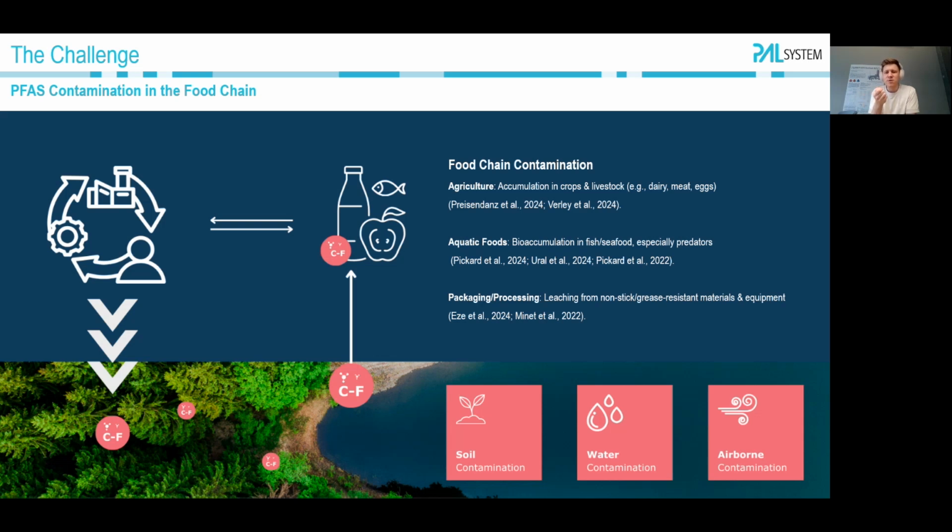Here, the highest concentrations are found in top predators due to their bioaccumulating characteristics. And let's not forget direct contact, so leaching from those nice grease-resistant wrappers. Processing equipment can also add PFAS directly to food. So summarizing, they're quite adept at infiltrating our food supply.